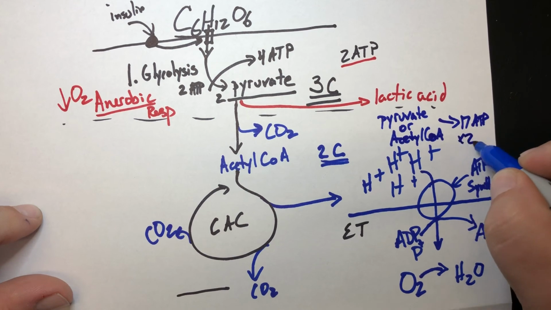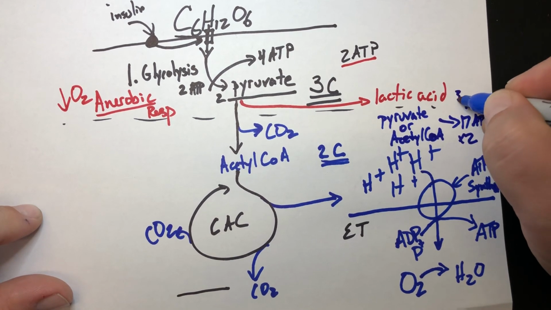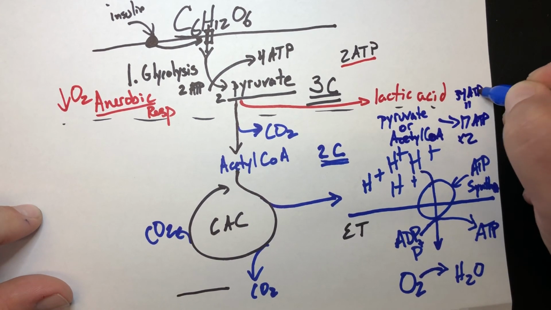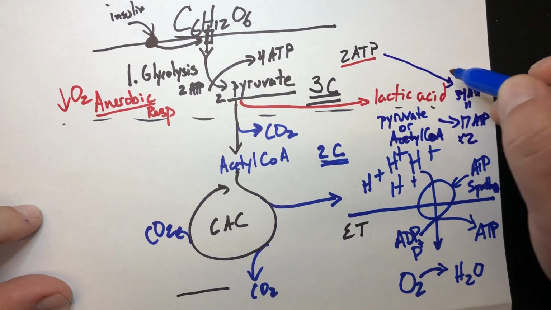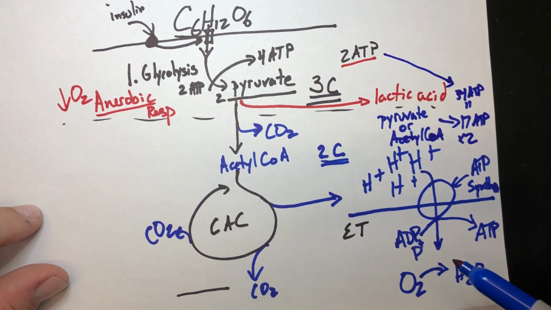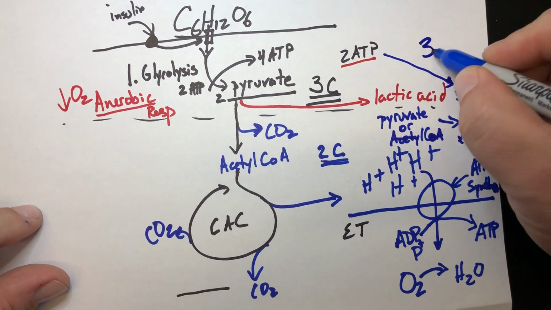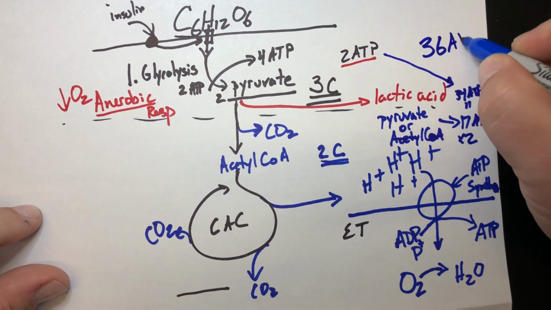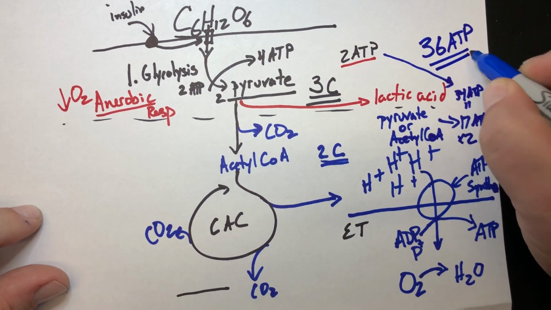So times 2 equals 34 ATP. So now if we add the 2 ATP from glycolysis to those 34, bam, there's our 36 ATP that we can charge up during aerobic respiration.